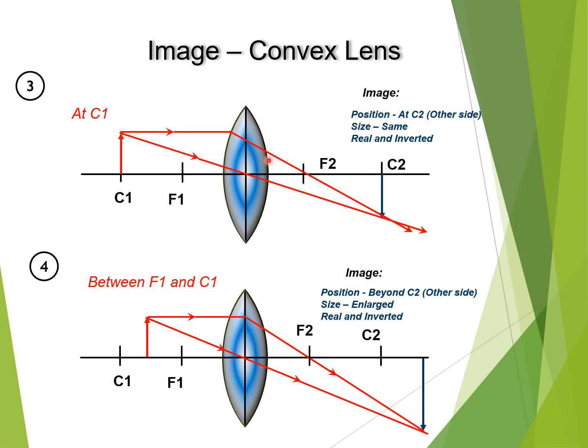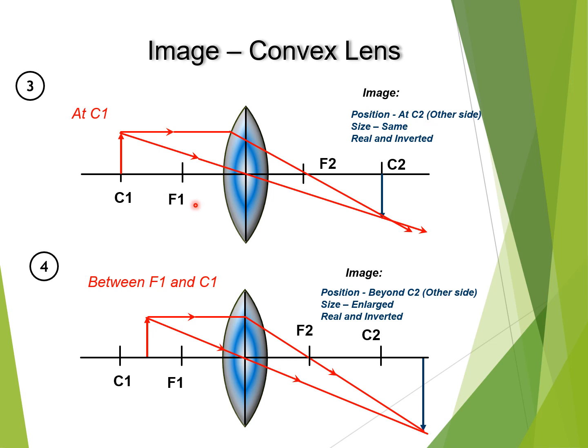And if you see here, the size of the object and the size of the image is the same. So the image shall be at C2 on the other side. Size shall be the same. It shall be real and inverted.